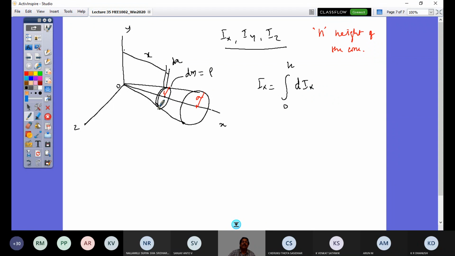Let me take this elemental disk out. This is my x-axis, this is my z-axis, and this is my y-axis.